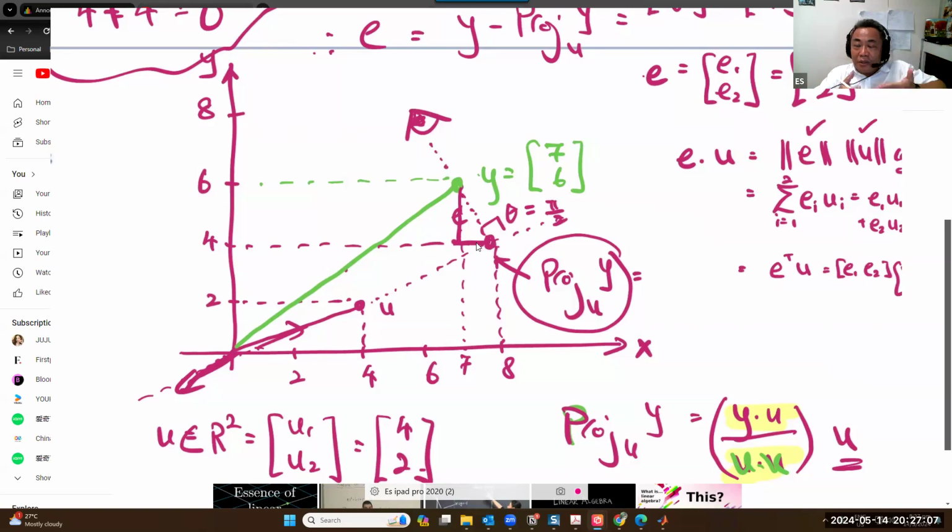Okay, Montiano? And then I still want to make it the nearest point. So I must make my eye 90 degrees to the line of u. Then this point is the nearest point that I can ever make my projection of y onto u. If you make a point here, you're so far away from y, it's hopeless. This point is also hopeless.